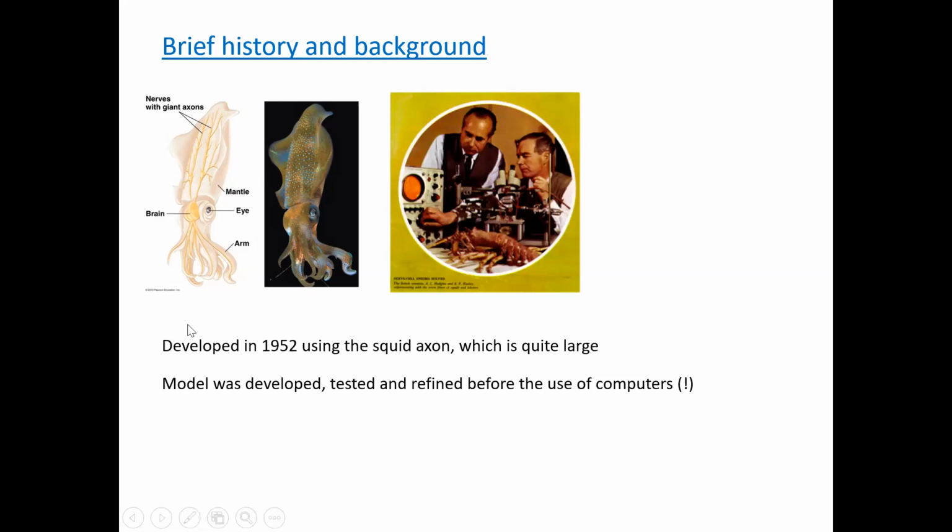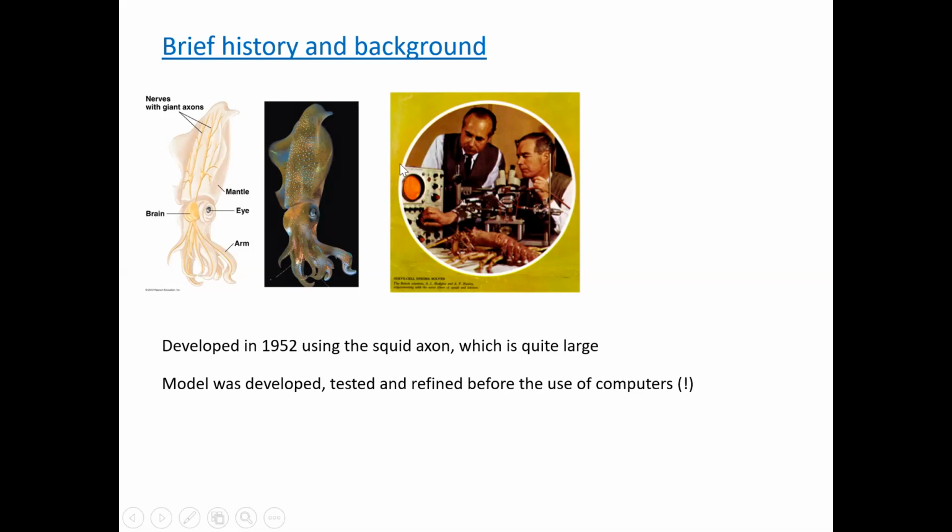A second interesting aspect is that the model was developed and tested and refined before the use of computers. And you'll see when we get to the form of the equations that they're fairly involved differential equations, and this was done without knowledge of genetics or the ability to manipulate proteins and many of the tools of modern biology.